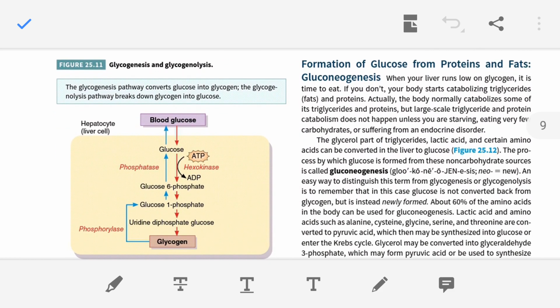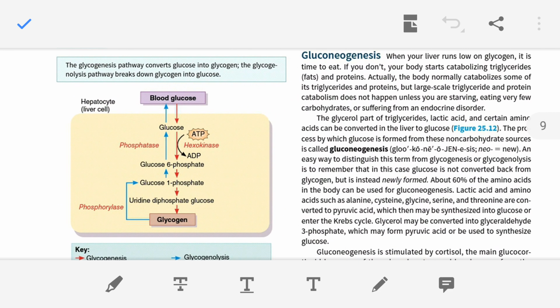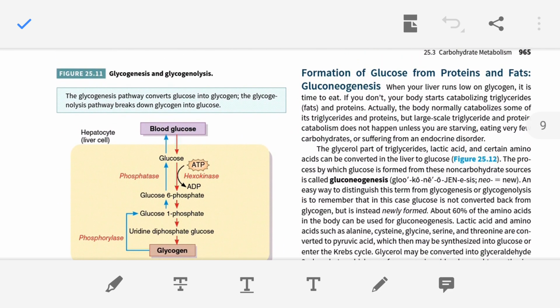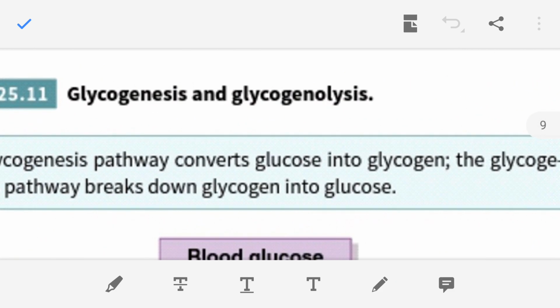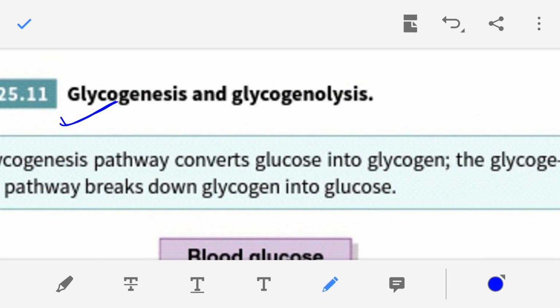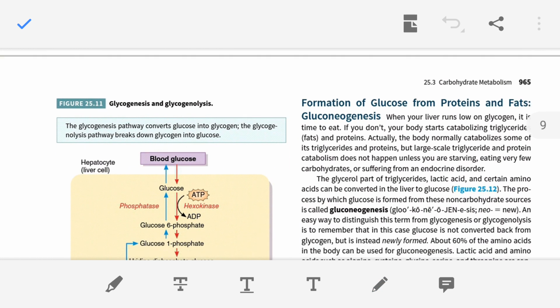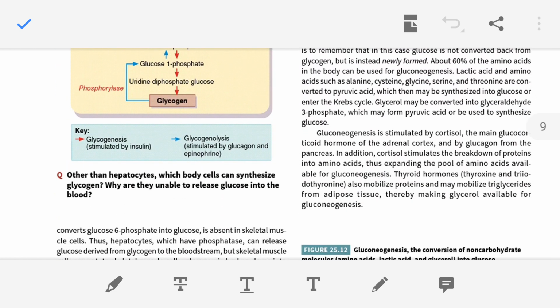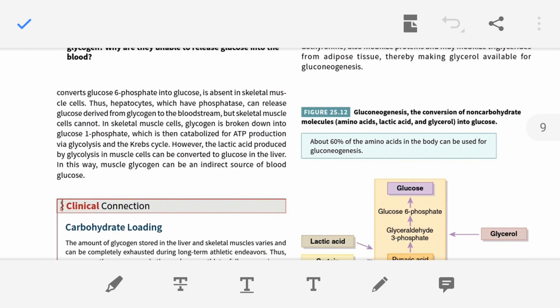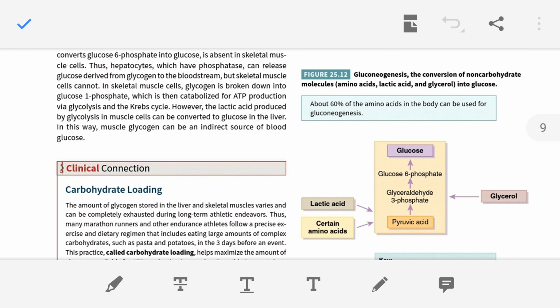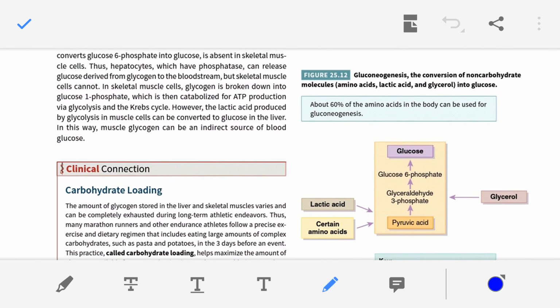Now this figure, this process is glycogenesis in the liver and glycogenolysis. So these 2 processes, and one more, this process, gluconeogenesis.